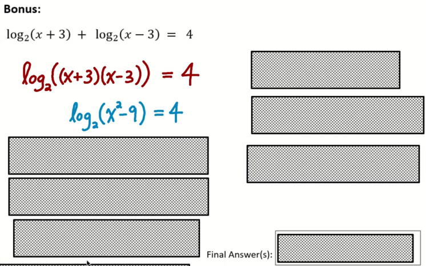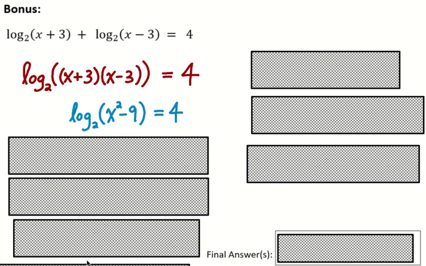Because of experience, and thinking a step or two into the future, these two bubbles are definitely going to be needed multiplied together. So all I did here was FOIL these two bubbles together to get x squared minus 9.